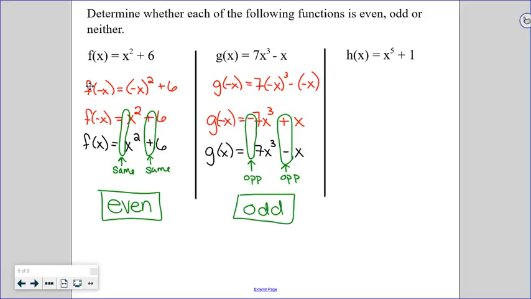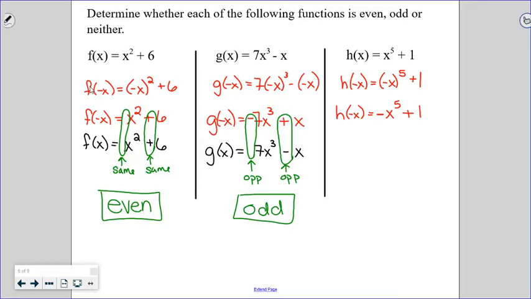h of x equals x to the 5th plus 1. And again, we start by just plugging in that negative. A negative raised to an odd exponent will remain that sign, so negative x to the 5th.